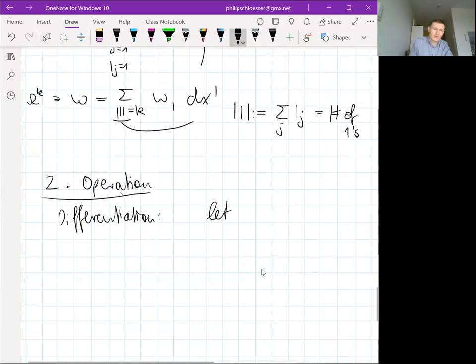We always define those operations on forms with a specific degree and then just extend by linearity. So let omega be a k-form, and we already write it locally.